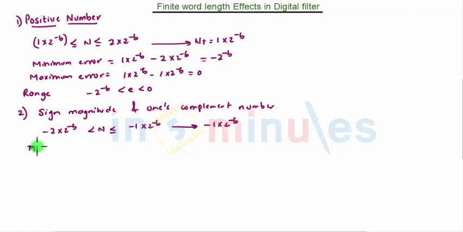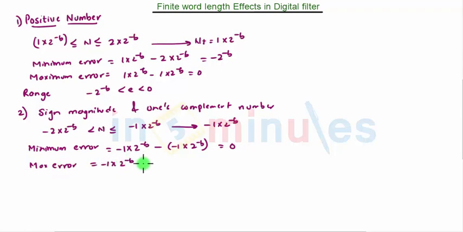So in this case the minimum error will be minus 1 into 2 raised to minus b minus 1 into 2 raised to minus b, that will again be 0. Maximum error is minus 1 into 2 raised to minus b minus of minus 2 into 2 raised to minus b, that will give us 2 raised to minus b, and the range of error will be 0 to 2 raised to minus b.